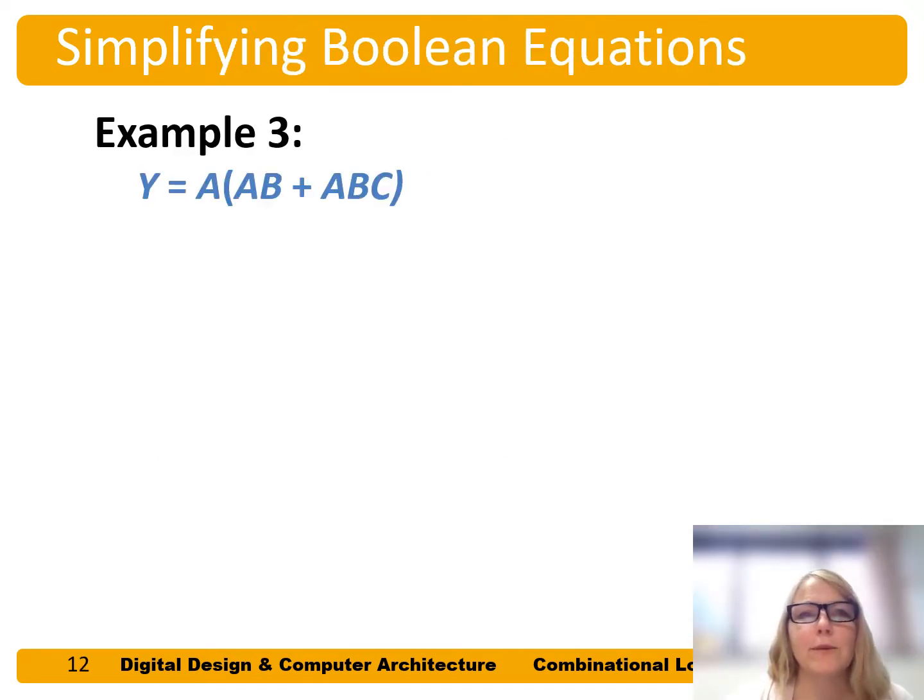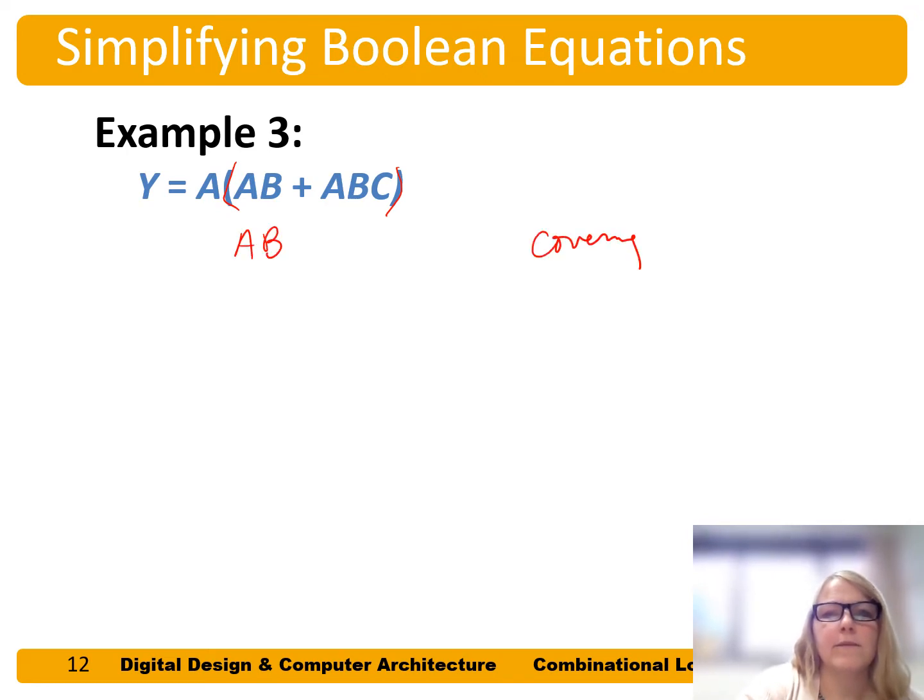Let's show some more examples of simplifying equations. Here's an original equation: y equals A or (A and B) or ABC. We notice that this term AB is the same as that term, and so we have covering. AB or (AB and C) is just equal to AB. So covering.